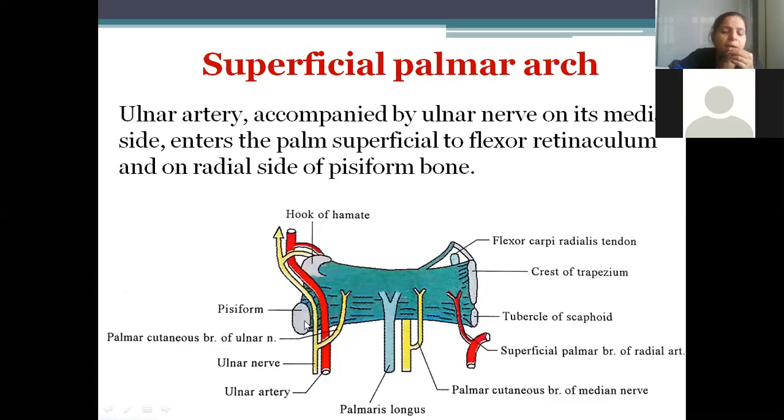Radial side means lateral to the pisiform. Anatomy means all relations, but if you can figure out this diagram, you will automatically write: medial to the artery we have the ulnar nerve and also the pisiform bone.